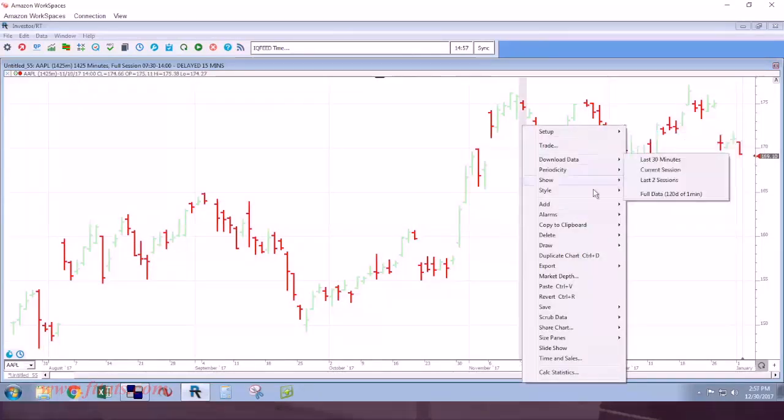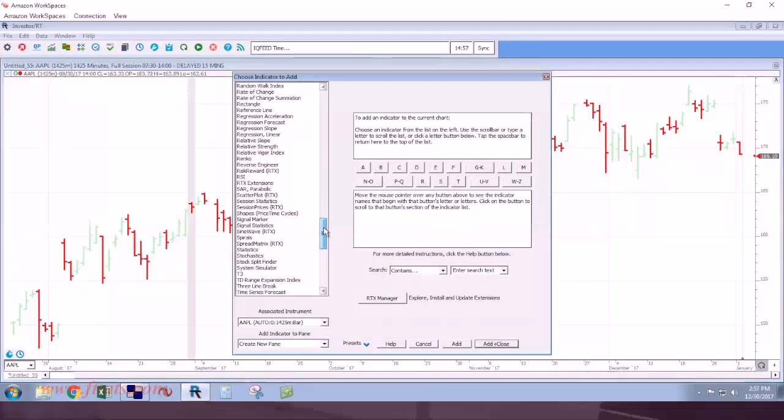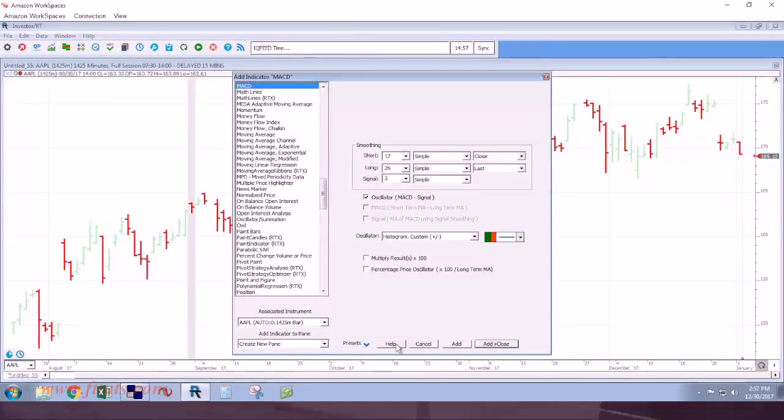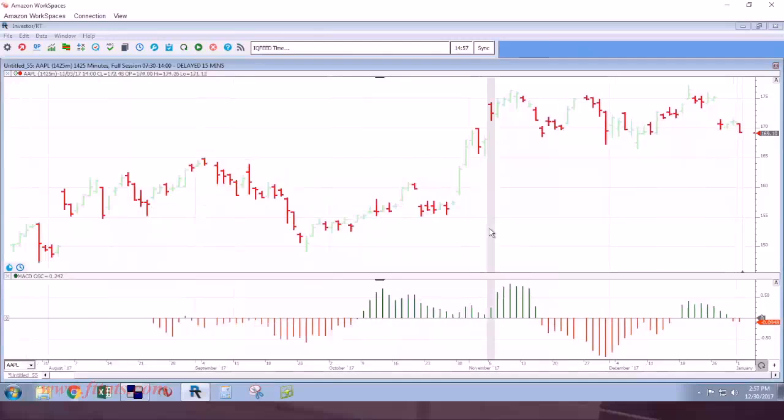Let's add one here that is often added, something called a MACD. We're going to create a new pane. As the story goes on a MACD, and this is just a very simple one, it's called a moving average convergence divergence indicator. The idea essentially being that if I'm above this line, then I'm bullish. If I'm below this line, I'm bearish.